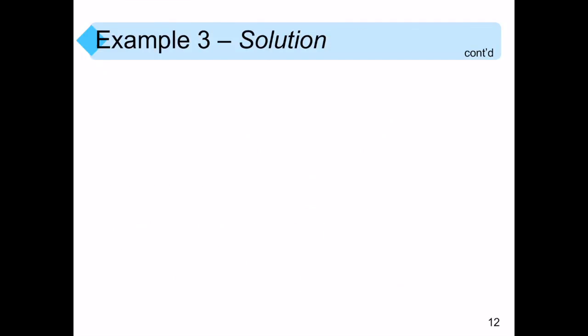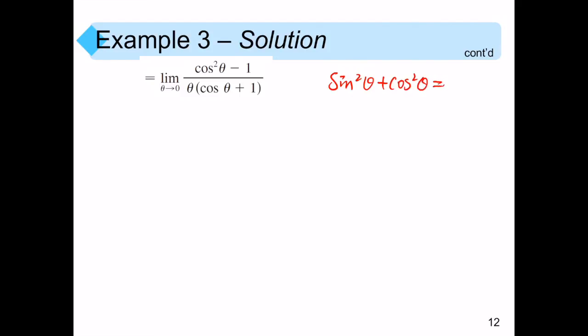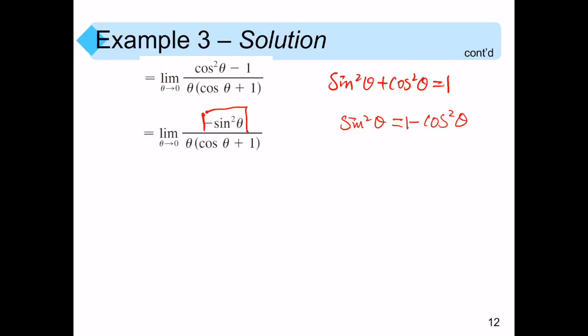When we calculate, notice that we have the trigonometry identity sine squared theta plus cosine squared theta equals 1. From here, sine squared theta equals 1 minus cosine squared theta. So we put in here, we should have negative sine squared theta there.